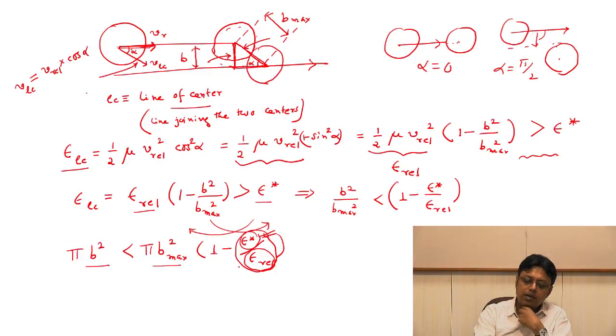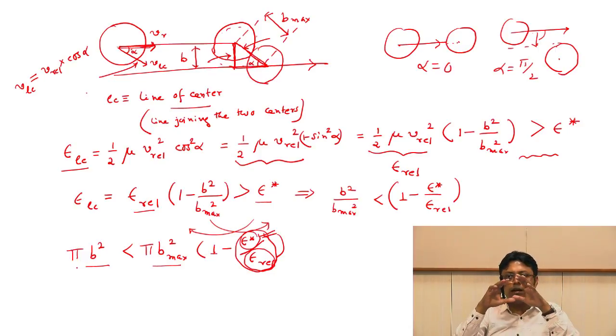Now if epsilon star has a value, suppose epsilon star by epsilon relative is 0.5, then I get 1 minus 0.5 is 0.5. Then the cross section is not exactly pi b max squared, it is slightly less, half of that area.